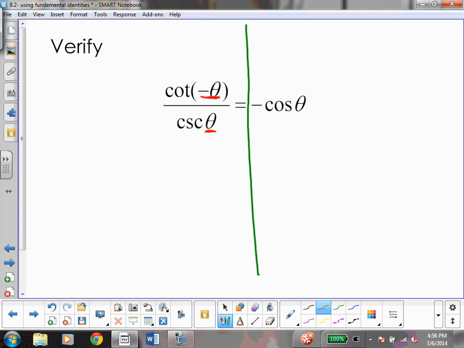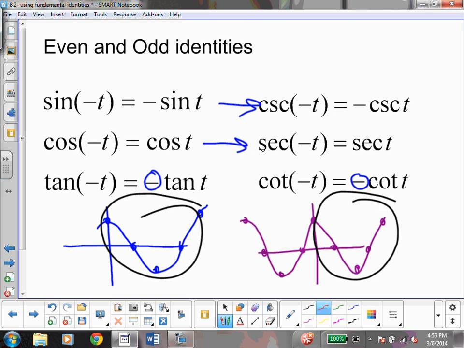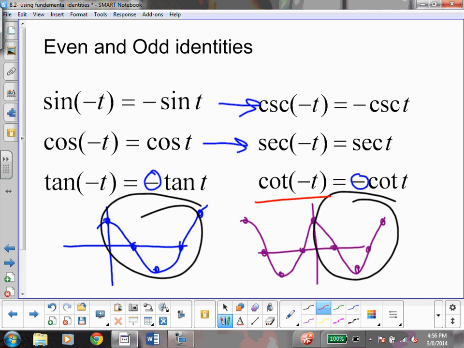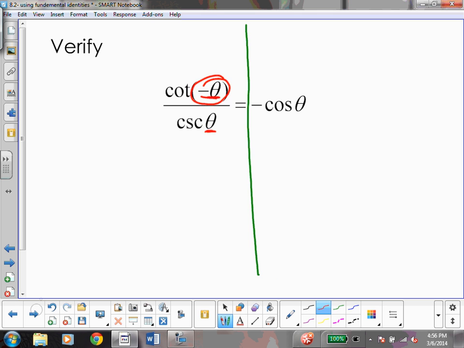I want them to be the exact same unit. So the first thing I'm going to do, or my first goal, is to get rid of the negative theta. Following my cotangent rule, cotangent of negative t is the same as the negative cotangent of t. So I'm going to replace the top of this fraction with the negative cotangent of theta, and then I have the cosecant on the bottom here.